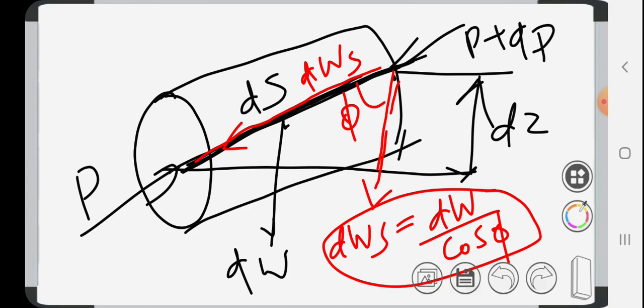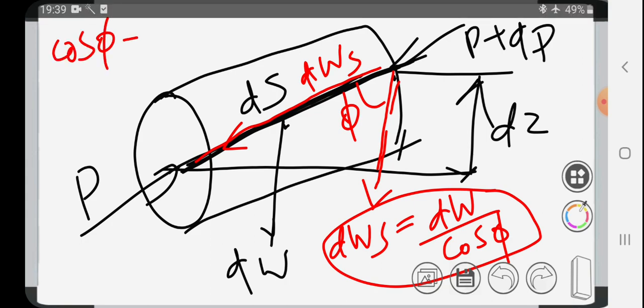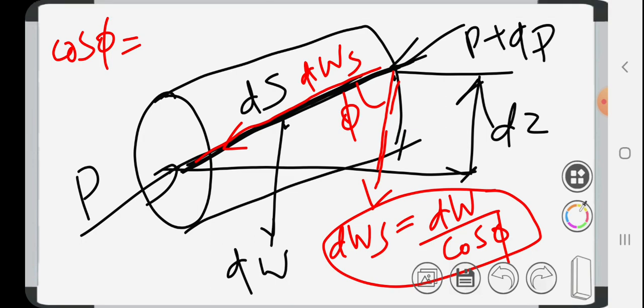So how can we define cos phi? Cos phi is nothing but adjacent side by hypotenuse. The adjacent side is dz, so dz by ds, right?